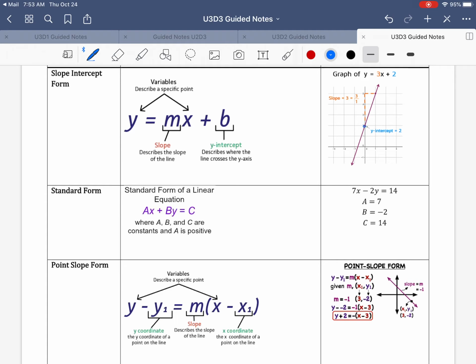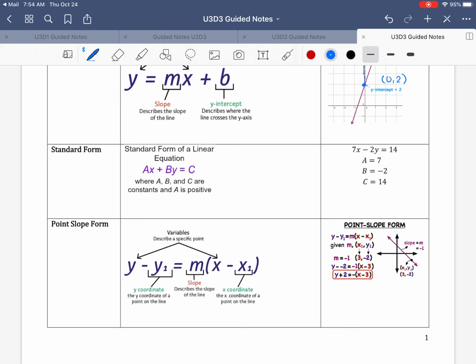We can tell that the slope is 3 because through those 2 points on our line, it goes up 3 units and it goes to the right 1. So 3 over 1 makes a slope of 3. You'll also see that it crosses our y-axis at the point (0, 2), which makes our y-intercept 2.